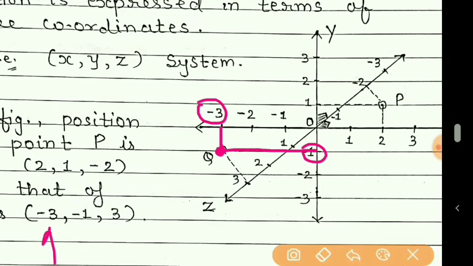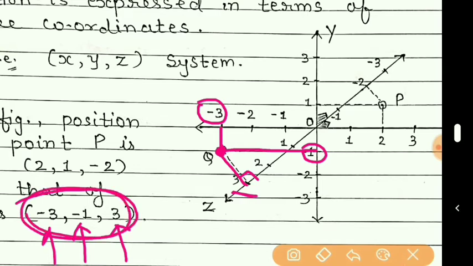Here it is -1. And from this point if I draw a perpendicular to the z-axis, then that point will show me the z coordinate. So (-3, -1, 3) is the position of point Q.